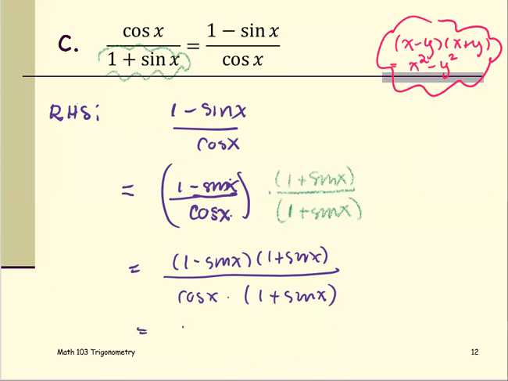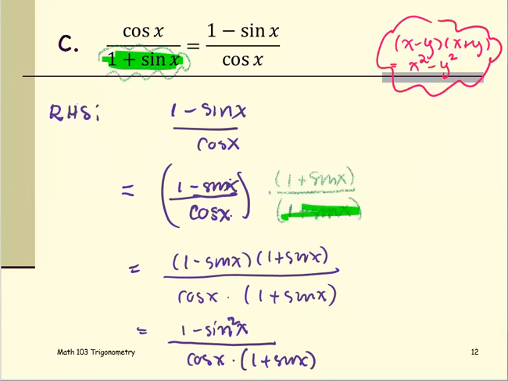Now we have 1 squared minus sine squared, which comes from sine times sine, divided by cosine x times the quantity 1 plus sine x. Keep in mind, we're going to keep 1 plus sine x, so we do not distribute the cosine x in there. We keep it, but we're going to work on the rest of the terms.